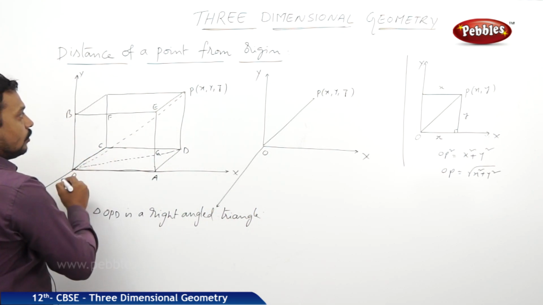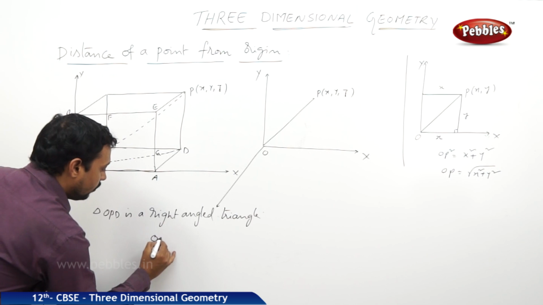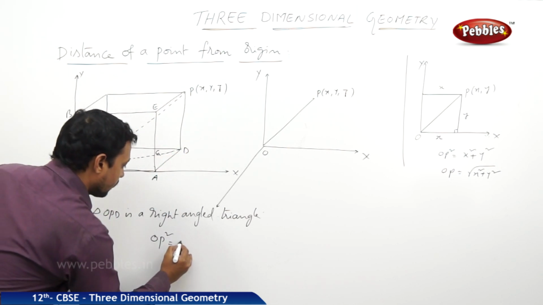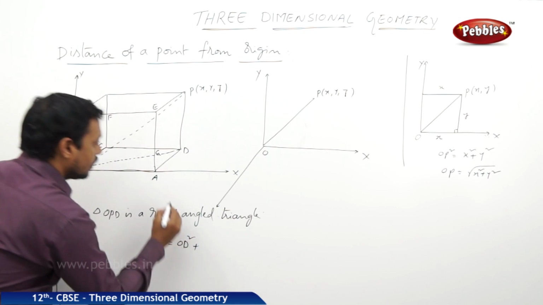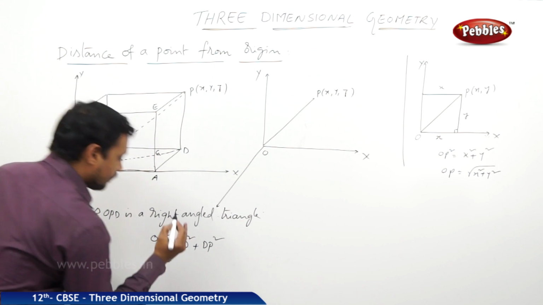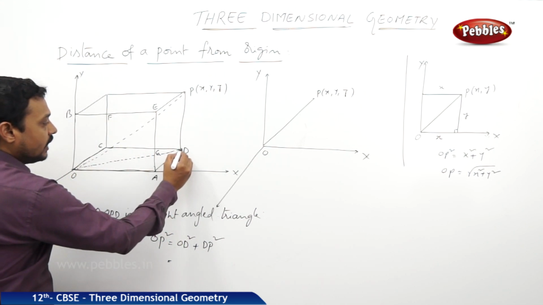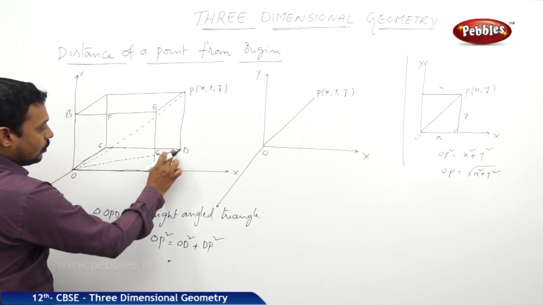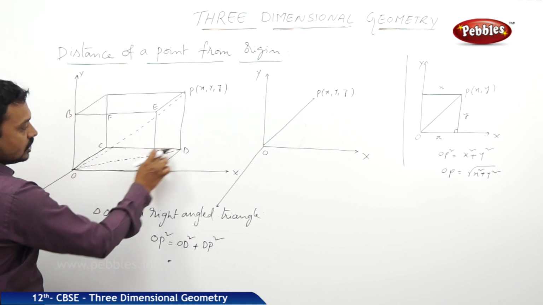Hence, from this right angle triangle, OP square is equal to OD square plus DP square. But OD square can be taken as, see, OAD is also a right angle triangle.